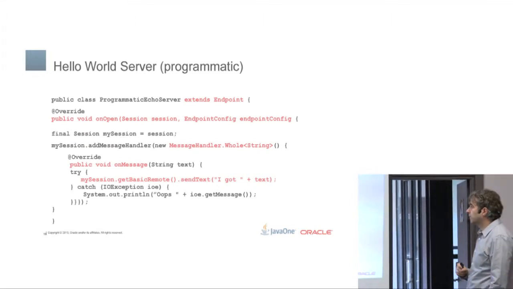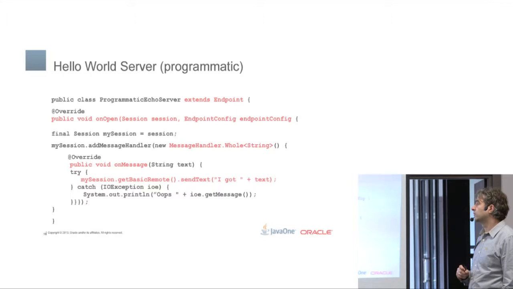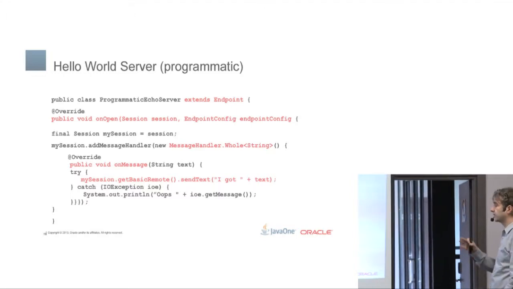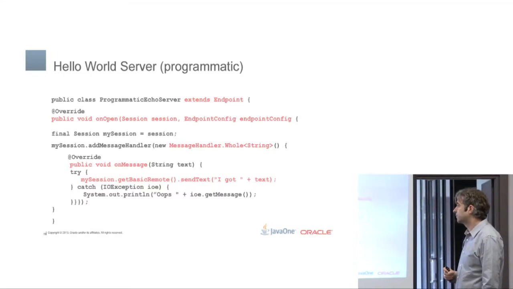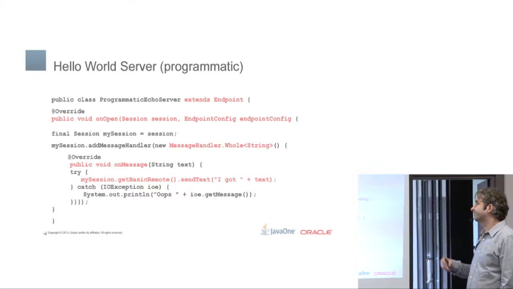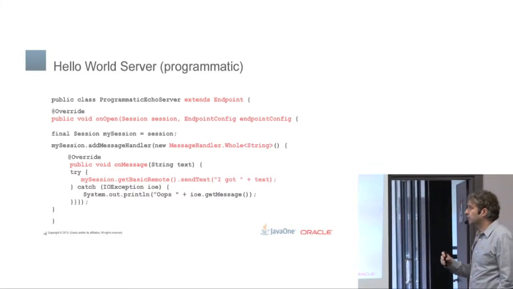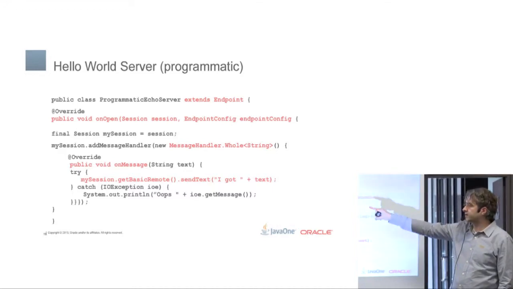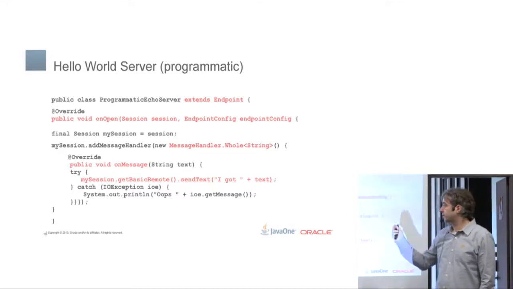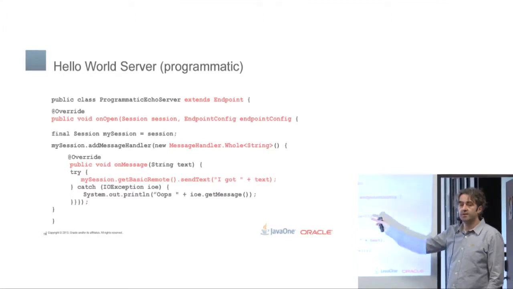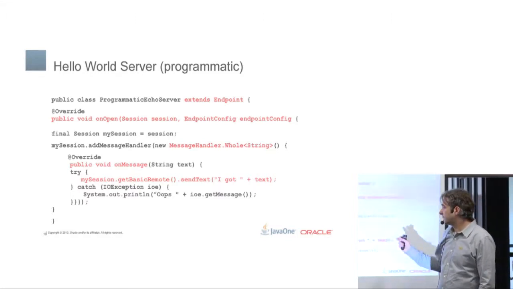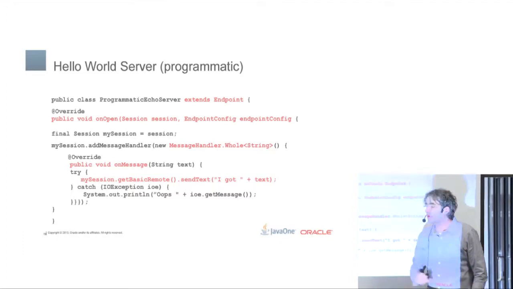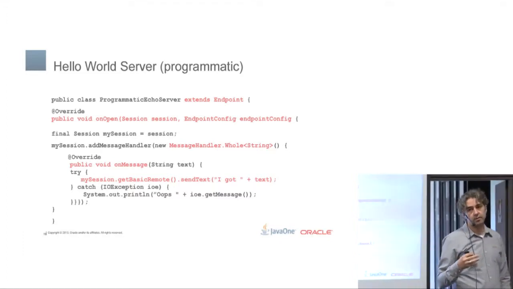The same application using the programmatic approach. What we are doing here is using the @OnOpen annotation. So whenever there is a new connection, we attach a message handler. And this message handler will work whenever there is a new message coming in.